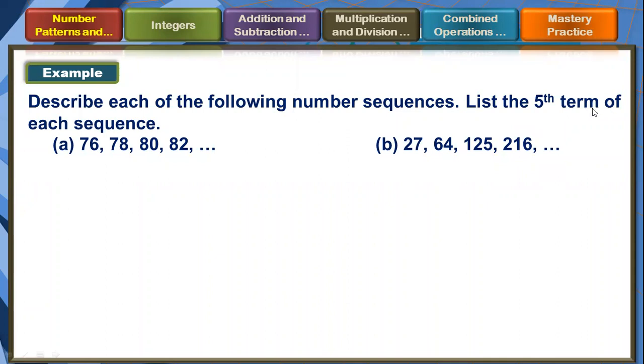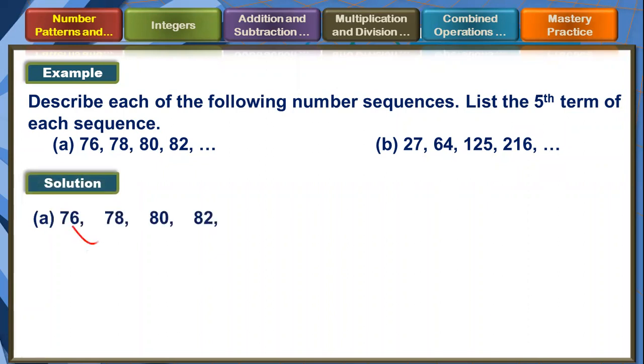You have to know what the fifth term of each sequence is. You have 76, 78, 80, 82. So the solution is this. From 76 to 78, that's plus 2. 78 to 80, it's plus 2. 80 to 82, it's plus 2 again. So therefore, if we add 2 to 82, the answer is 84. So we know that the fifth term is 84.